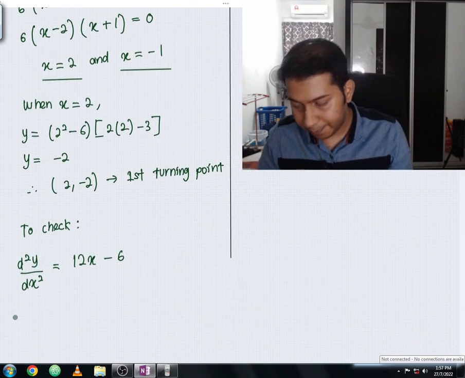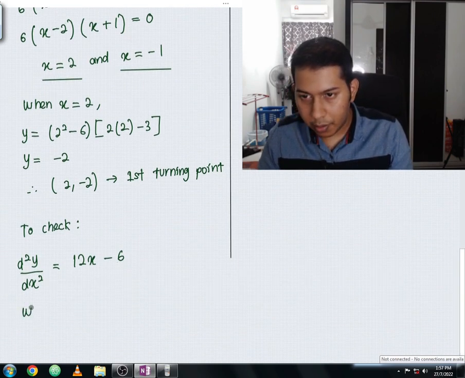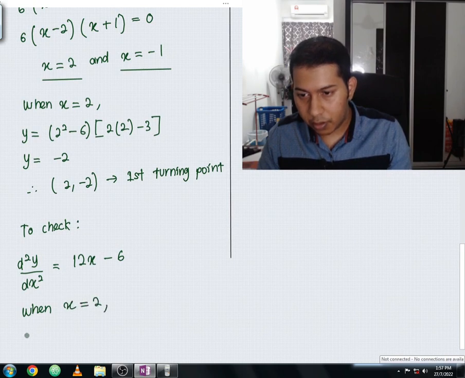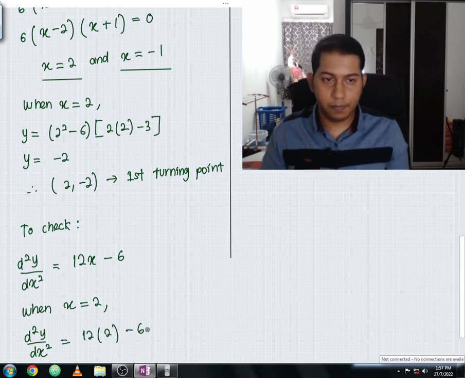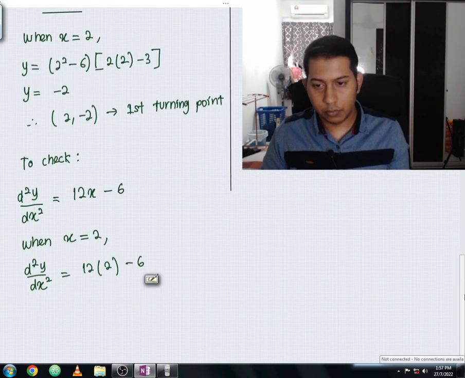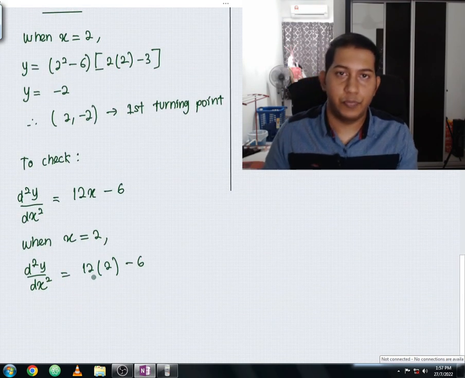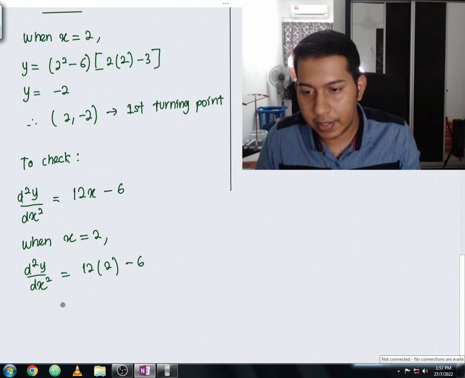So from here, when x equals to 2, you get d square y over dx square is equals to 12 times with 2 minus 6. 12 times 2, you get 24. 24 minus 6, you get 18.